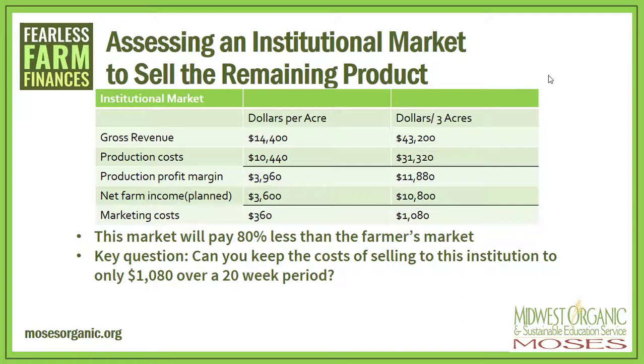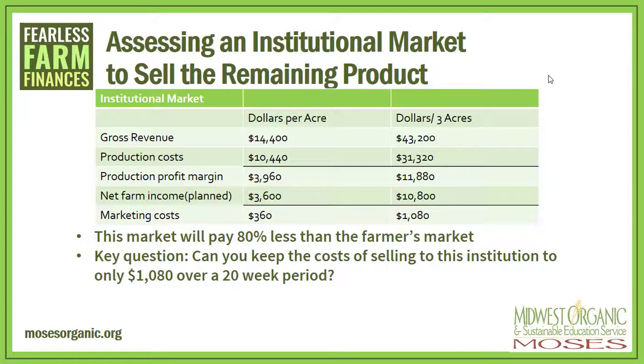So we just took a little bit less gross revenue minus our same production costs, which gave us a production profit margin of $3,960 per acre. Minus our net farm income that you planned, that leaves us a total of $360 per acre for your marketing costs.